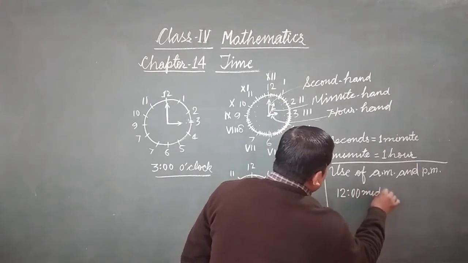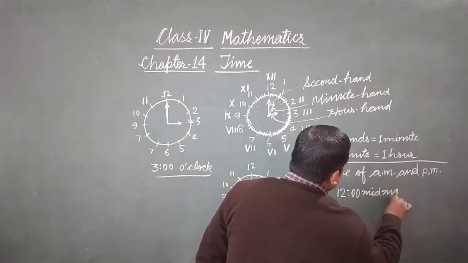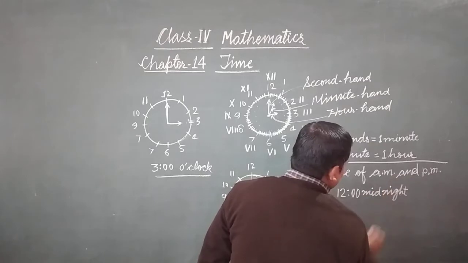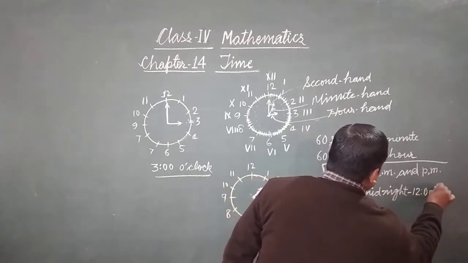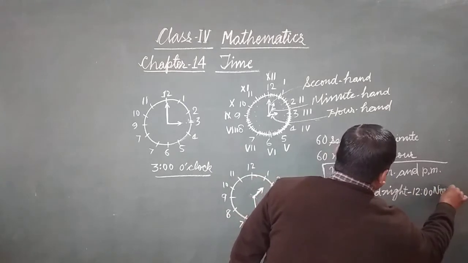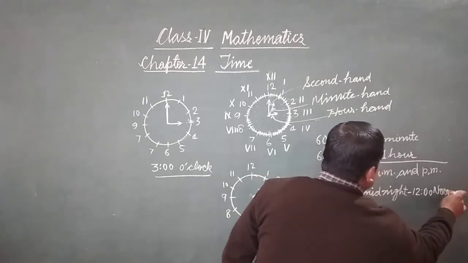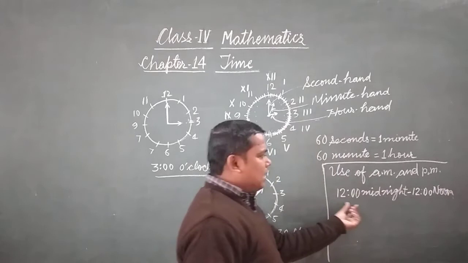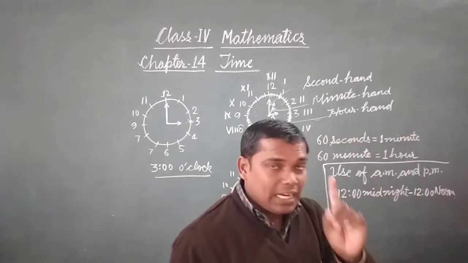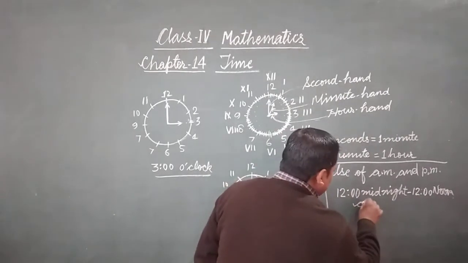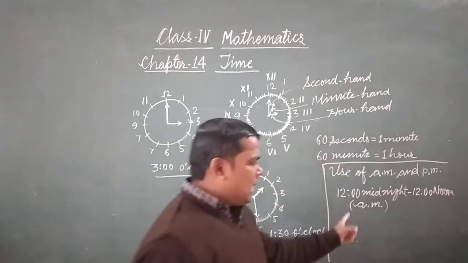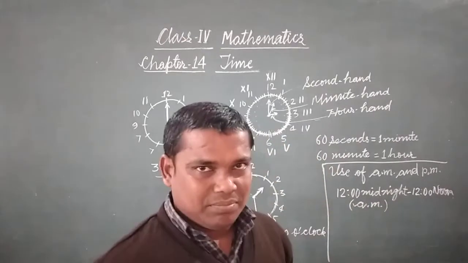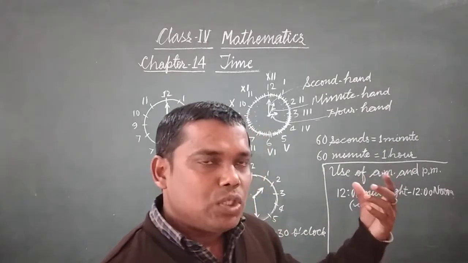So the time from 12 midnight to 12 noon, if time is in between 12 midnight to 12 noon, we write AM. It is called morning time also.